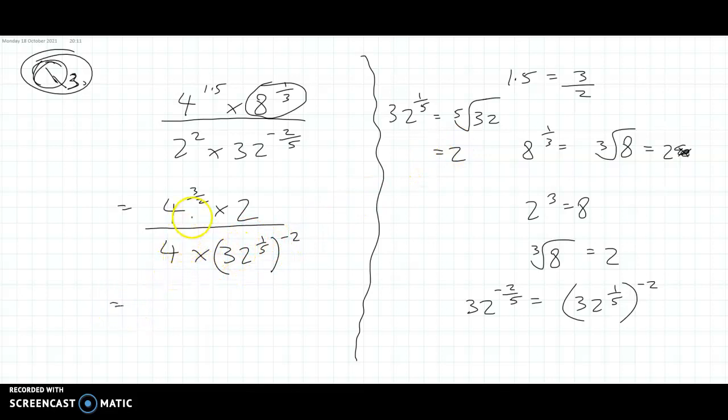Now the 4 to the power of 3 over 2, we can write that as 4 to the power of a half, all cubed. Because remember from the first questions, you multiply the 3 by this, so 3 over 2. That's multiplied by 2 over 4 times 32 to the power 1/5, remember that's a 2, so that's 2 to the power minus 2 here.